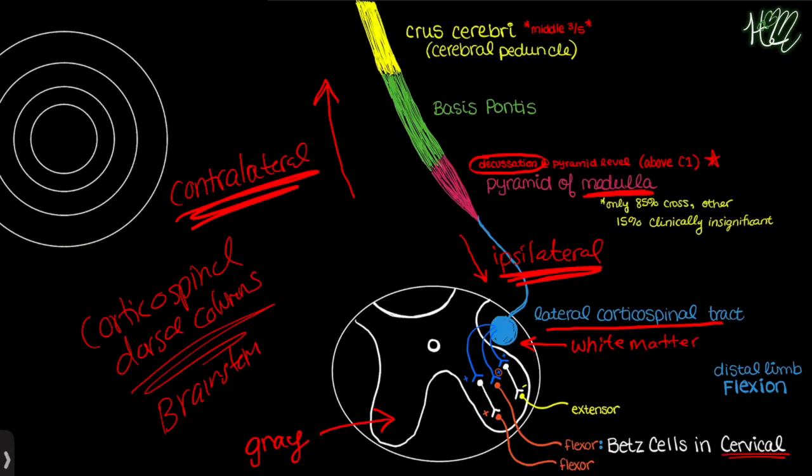So once we get to the level of the spinal cord where this functionality is going to take place, meaning I want you to think about the dermatomes here. When we think about our dermatomes, that's what's telling us where the level of function is going to be at.